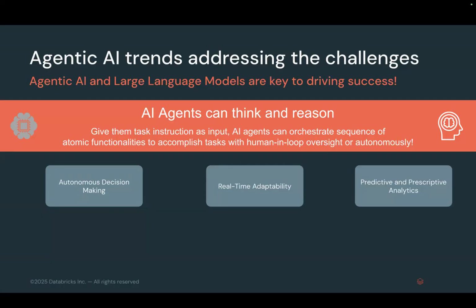Analytics: while the traditional classic machine learning models are used for predictive and prescriptive analytics, the large language models or agents can come up with better reasoning, and that's an integral part. One of the key differentiators is that the more traditional way is around having apps like dashboard widgets consuming all that information.